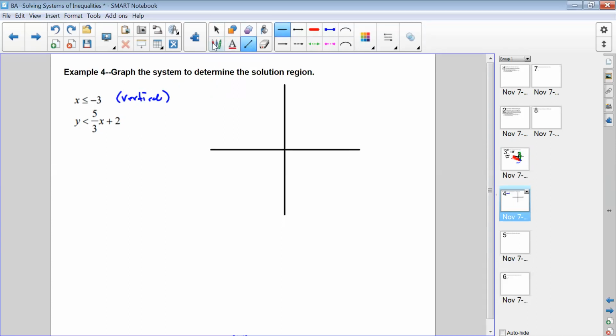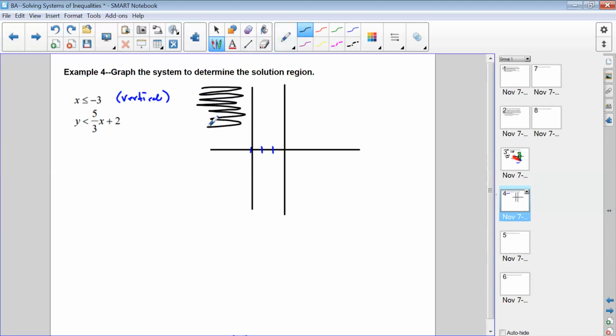Well, it's at -3. So over at -3, is it solid or dotted? It is a solid line at x equal -3. And then what does that mean? What do I want? Well, I want everything less than that. Okay, so I want all values to the left of that line. So everything to the left of this line makes this inequality true.